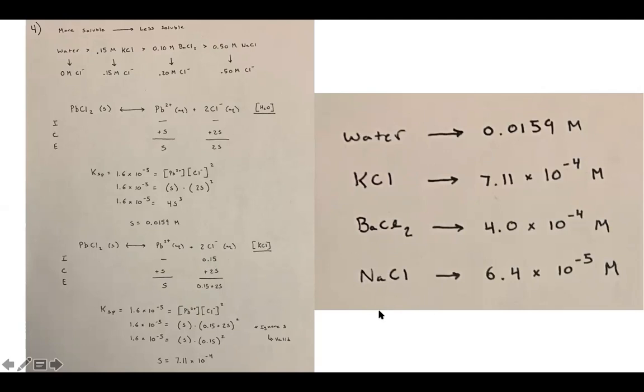These are the solutions and the solubility of the solid in the solutions. So again, this is more of a numeric proof for what we know about the common ion effect. Are there any questions on the common ion effect or any of the calculations I undertook for this problem?